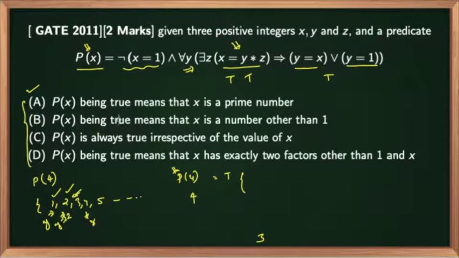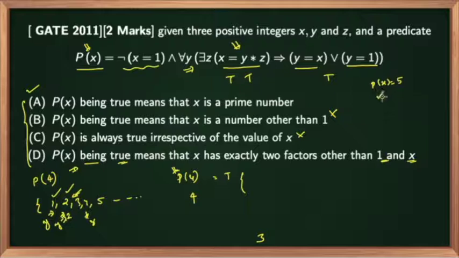So the second statement, P of x being true means x is a number other than 1, is wrong. P of x always evaluates to true irrespective of the value of x, that is also wrong. P of x is true means that x has exactly two factors other than 1 and x, this is also false. You can see this by giving, for example, P of 5.